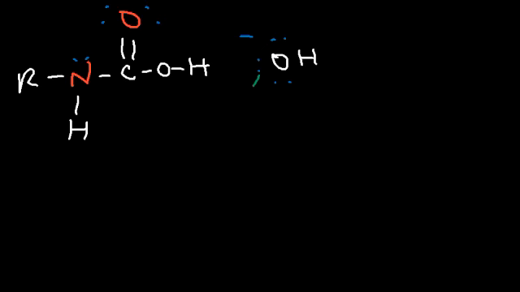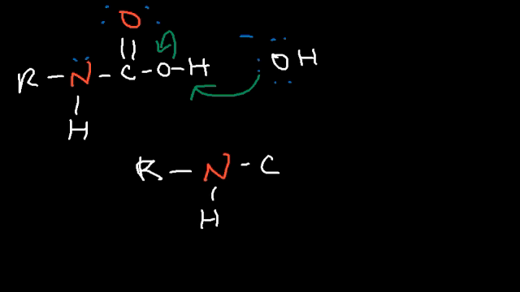It's going to act as a base, and it's going to quickly react with the acid. So it's going to take away a hydrogen from it. So right now we have this intermediate.